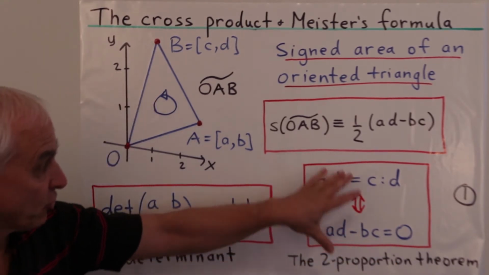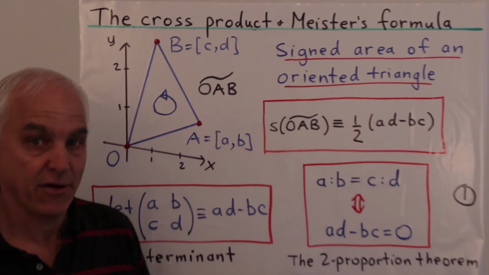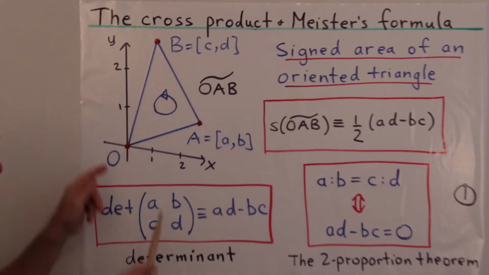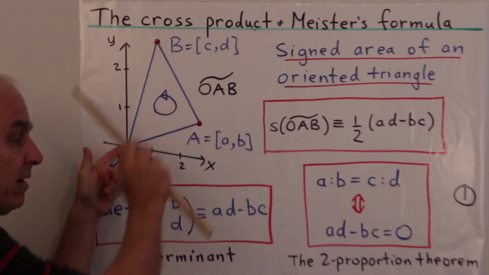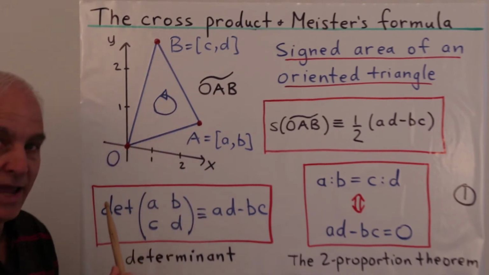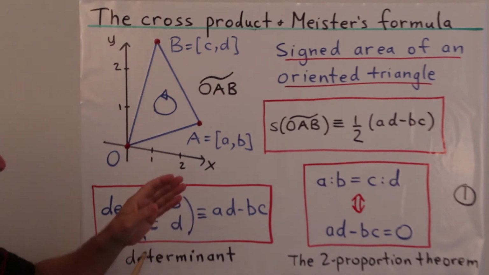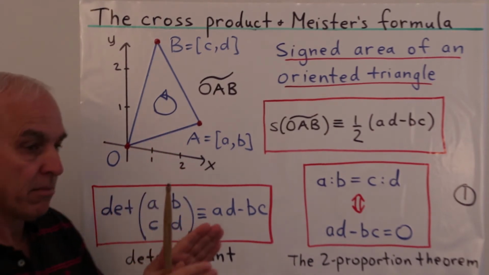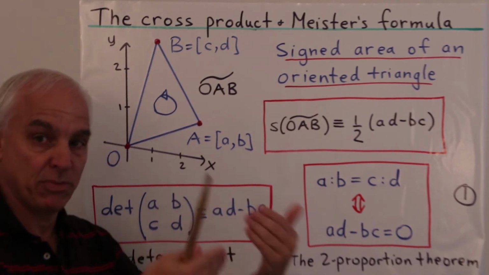That actually has a direct implication to the meaning of this signed area. It's telling us that if we think about the vectors emanating from the origin to the points A and B, so this will be the vector (a, b), and this will be the vector (c, d), then those vectors are parallel, or in the same direction, when they're a multiple of each other.